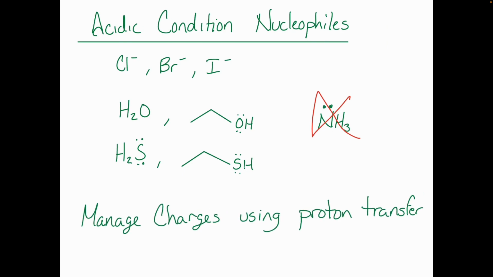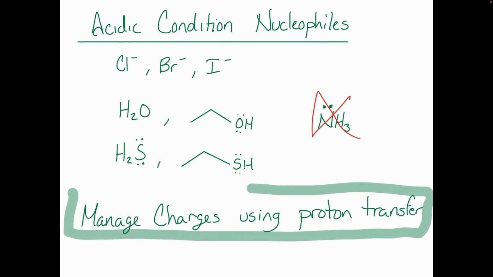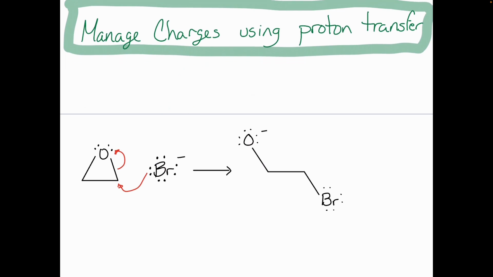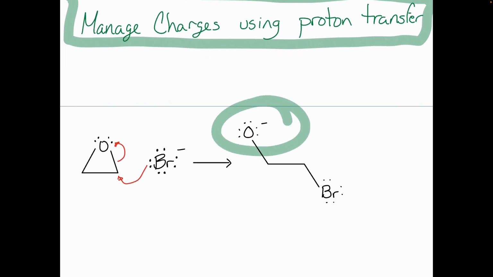Okay, this is a strategy we're going to use over and over again, especially in this next chapter when we start getting really mechanism heavy. When we say we have a reaction that takes place under acidic conditions, we can't have something like this, right?